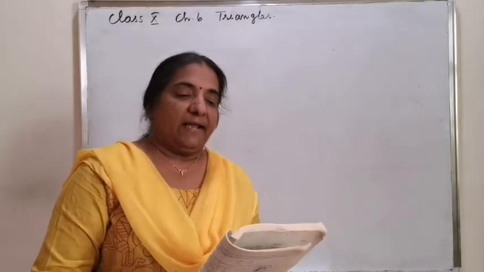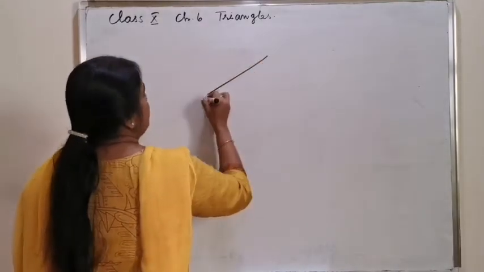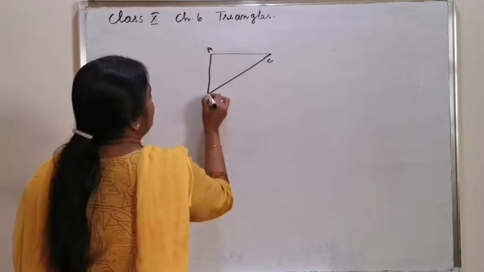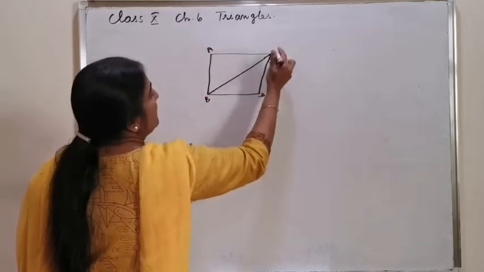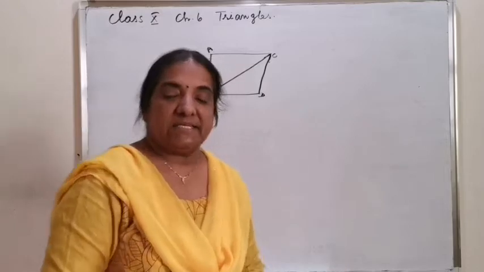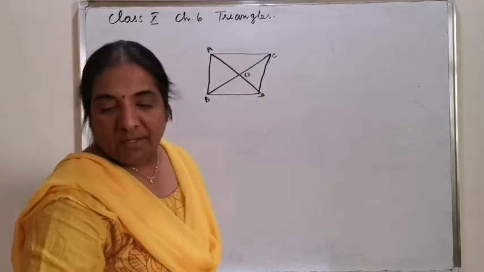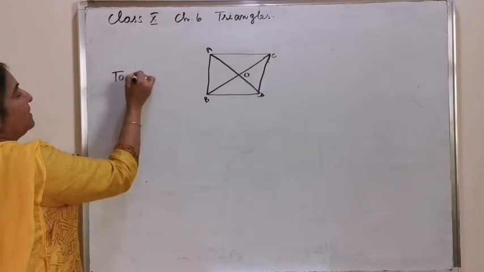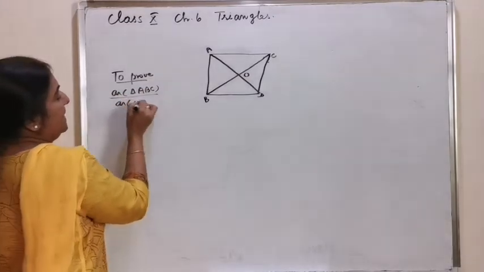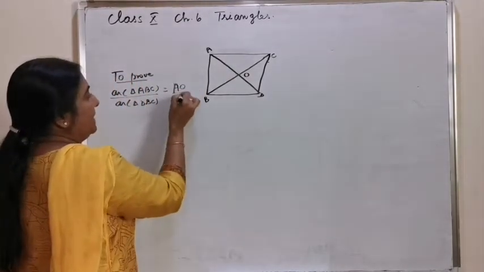Triangles ABC and BDC are drawn on the same base BC, and AD intersects BC at O. What is to prove is area of triangle ABC divided by area of triangle DBC is the same as AO by DO.